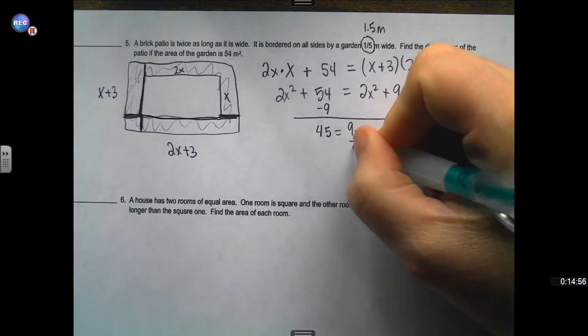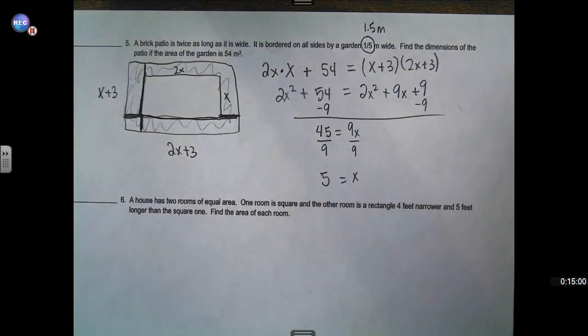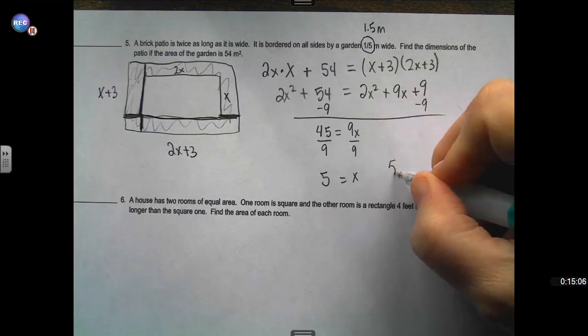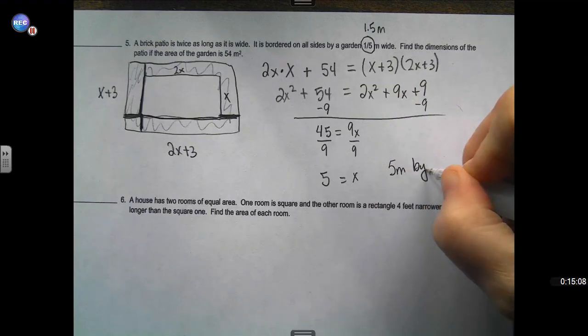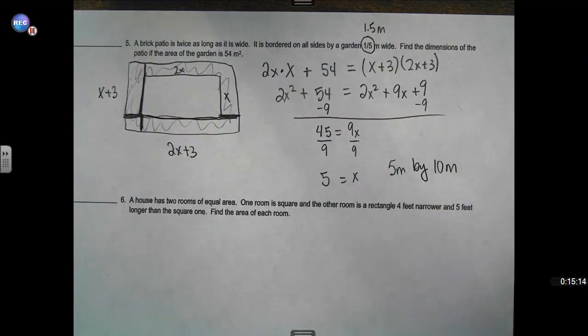Then I'm going to divide both sides by 9. And I get x is 5. And we're supposed to find the dimensions of the patio. The patio is 5 meters by 2 times 5 is 10 meters. Okay.